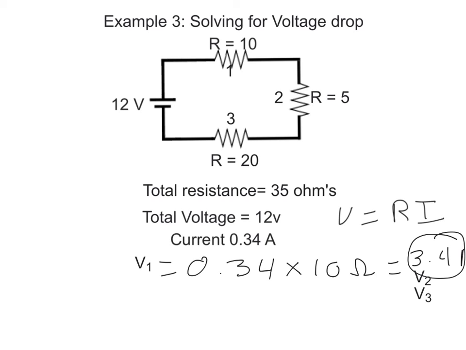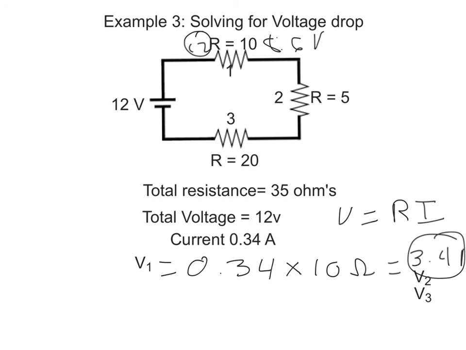So basically what that is saying is that I've got 12 going in, and then when I pop on over to the other side, I'm going to have minus 3.4. That will be equal to 8.6 volts. But really all I'm asking for is what the voltage drop is. So the voltage drop is this 3.4.